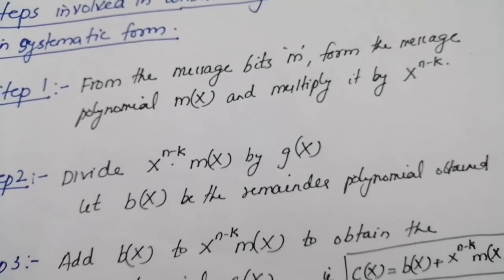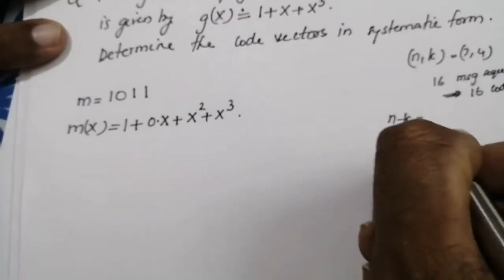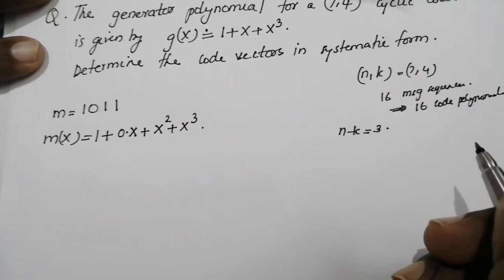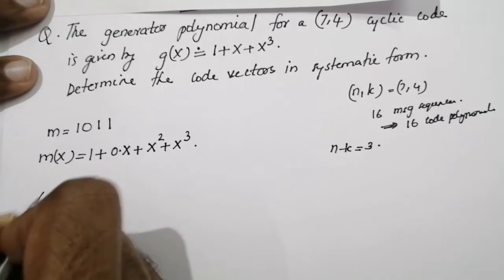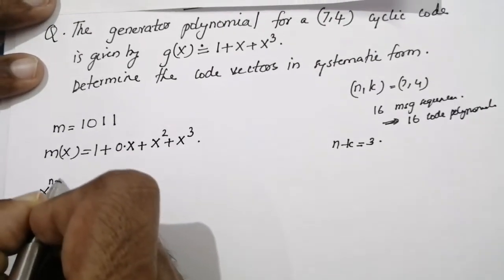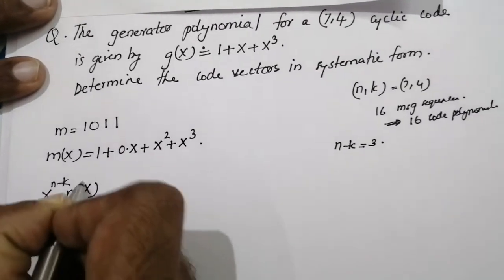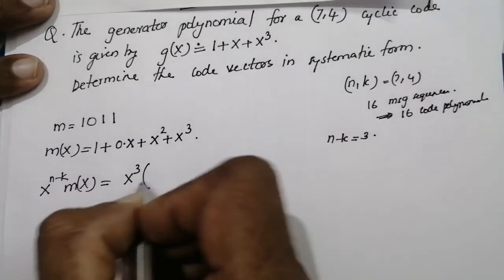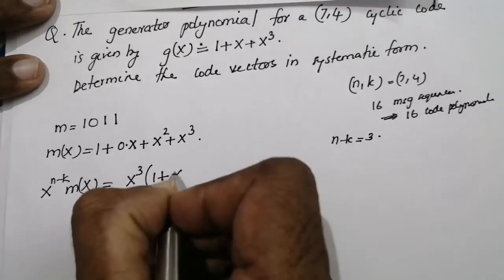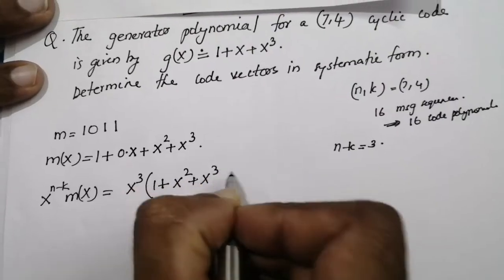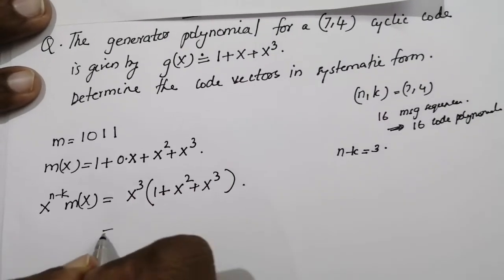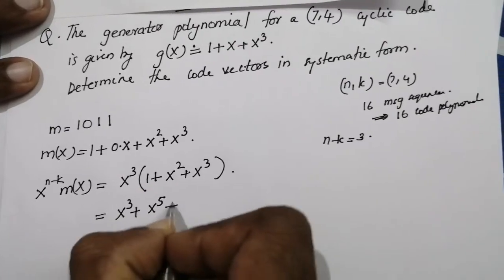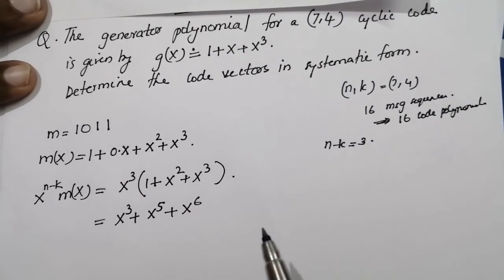What is n minus k? n minus k is 7 minus 4, that is 3. So x raised to n minus k into m of x equals x cube into 1 plus x square plus x cube. This can be written as x cube plus x raised to 5 plus x raised to 6.